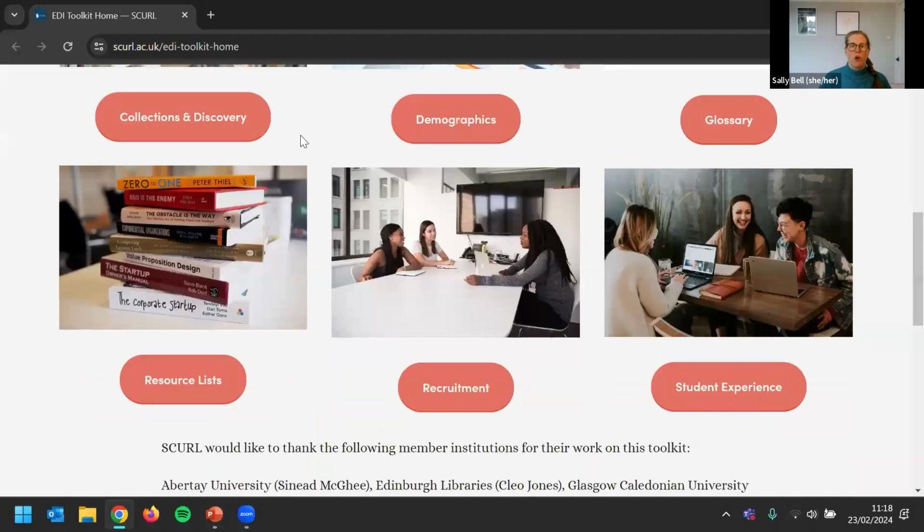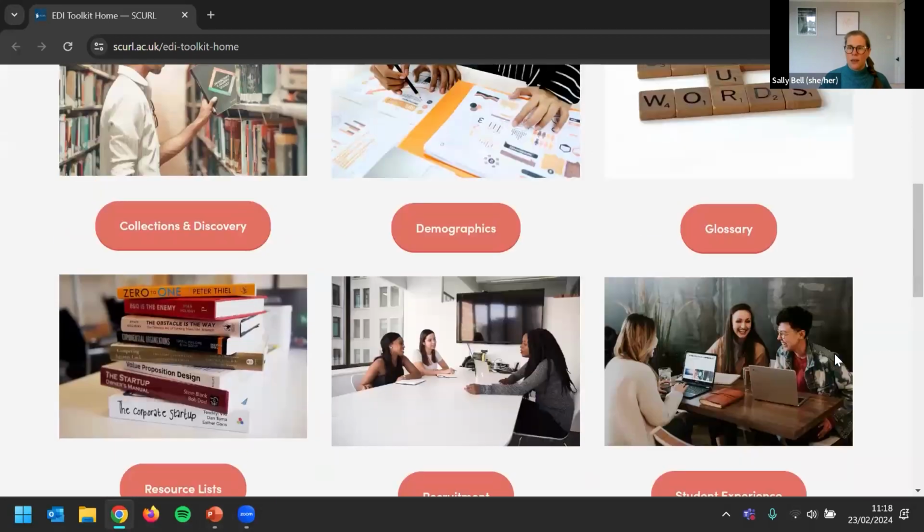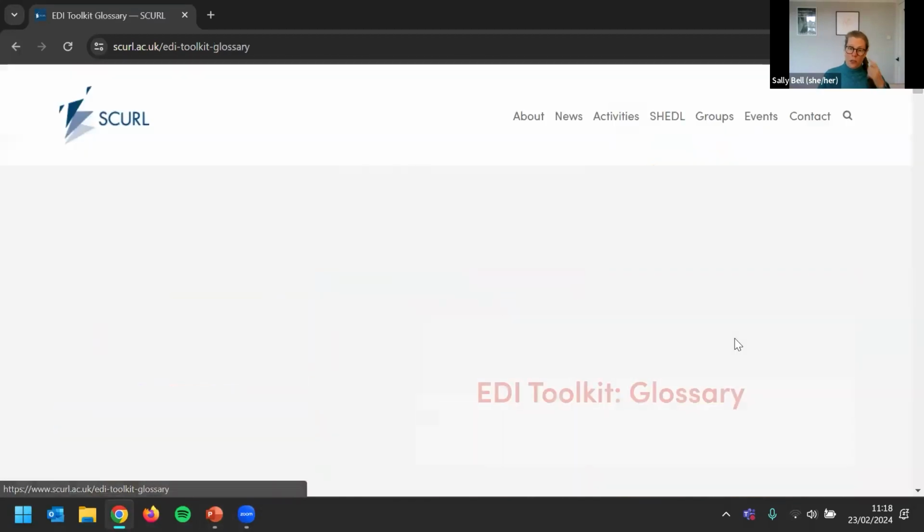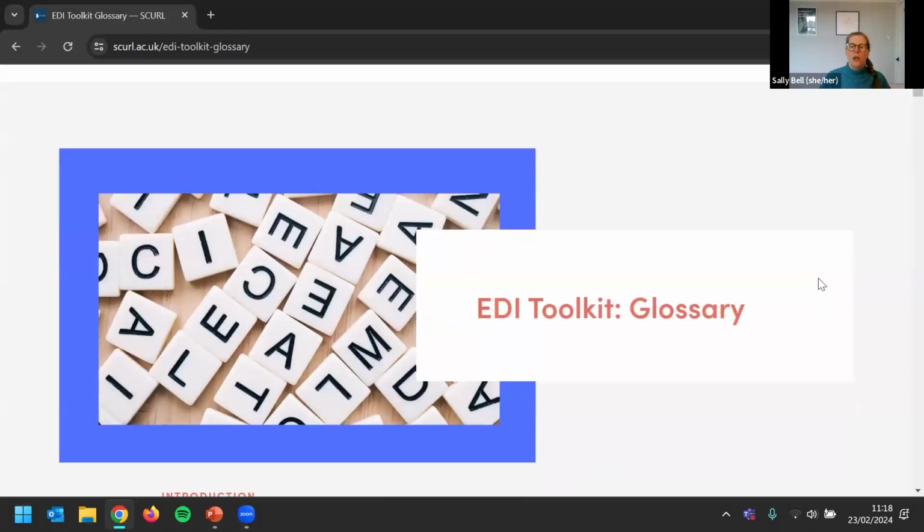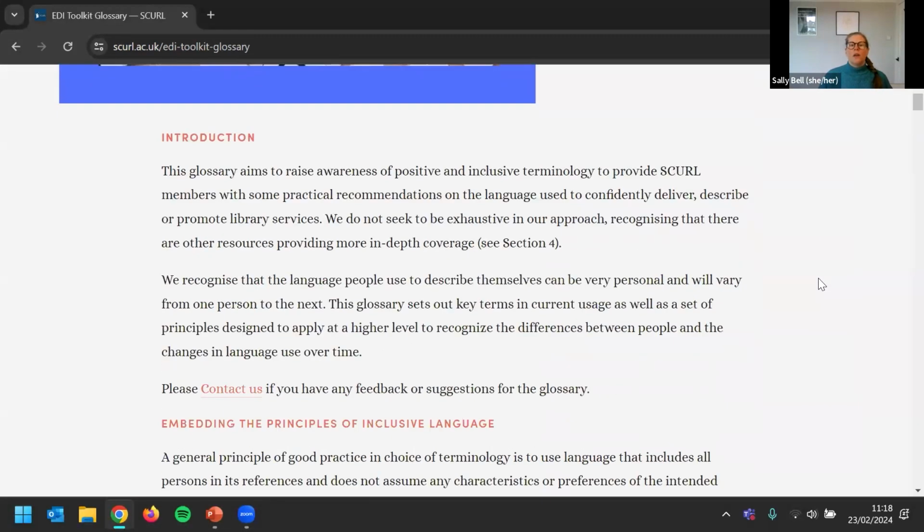So as I said, we've got the 6 different sections, and I'm going to start off with the glossary here. So we recognised within the network that if we were going to be doing this work, a very helpful thing for us to do would be to have a shared vocabulary.